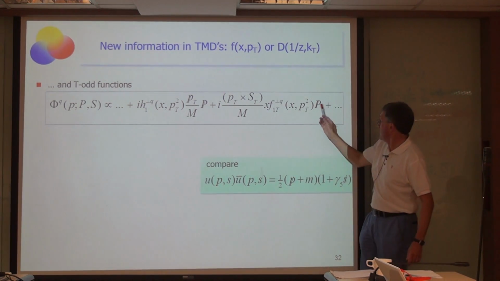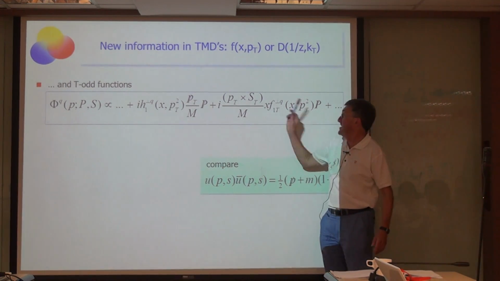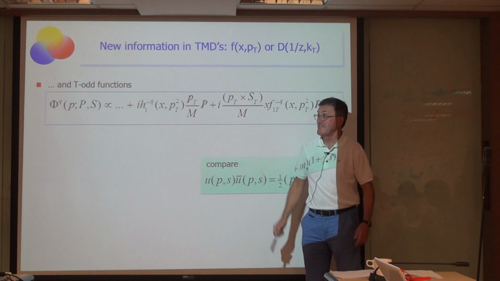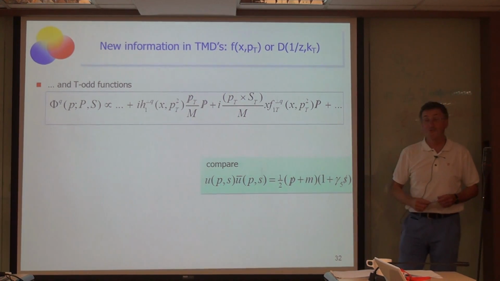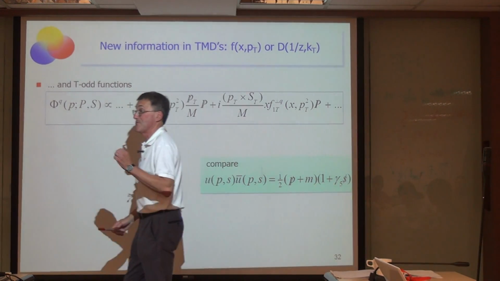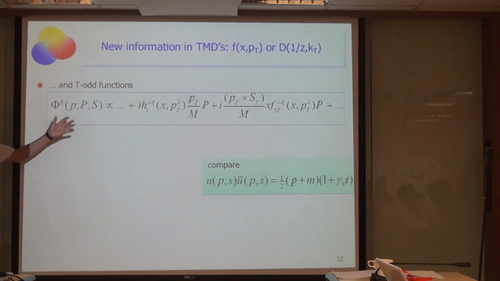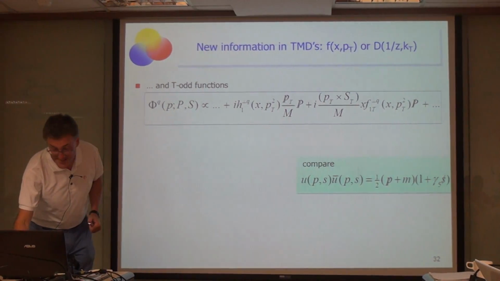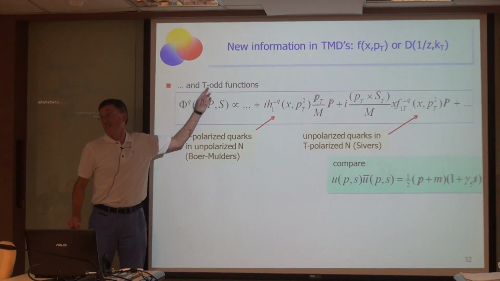You look at the structure. It just has a gamma matrix, so it's unpolarized quarks. That's why the name is an F. But you need an ST, and so it is only occurring in transversely polarized nucleons. So these are unpolarized quarks in a transversely polarized nucleon. And this is how the naming works. And so these are two functions, and both of these functions have the property that they are T-odd.